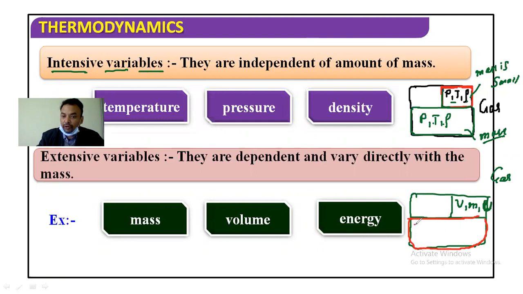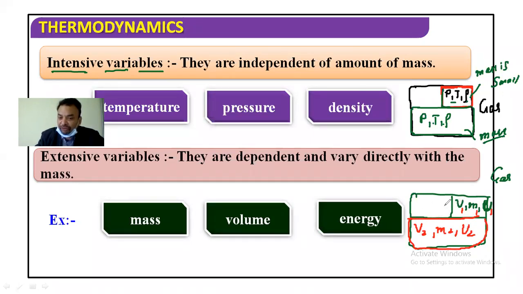Definitely here the volume is more: V1, M1, U1 for the small one, but here the volume is V2, mass is M2 and internal energy is U2. So V2 is greater than V1, M2 is greater than M1 and U2 is greater than U1.